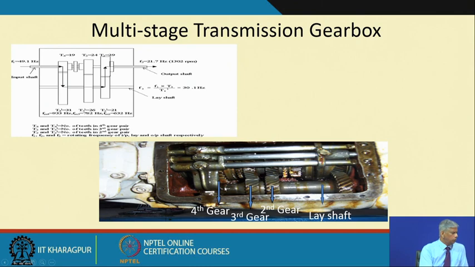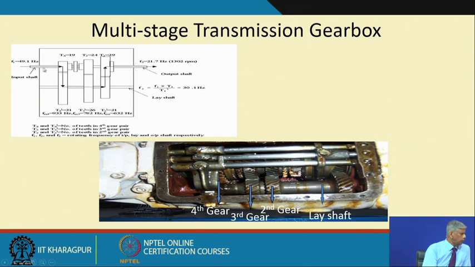This is the view of the automobile gearbox. There are the 4th gear, 3rd gear, 2nd gear. We operated with the 2nd gear, wherein we artificially removed the gear tooth, seeded defects and put it back.